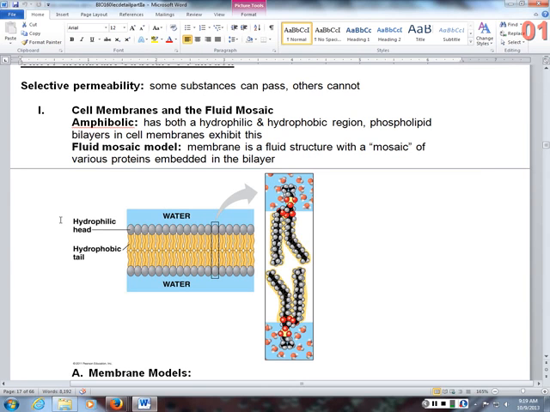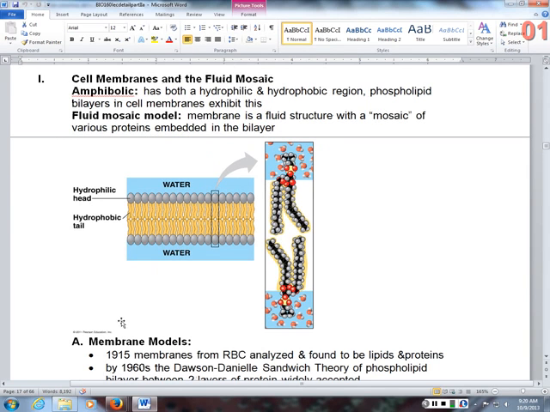With the fluid mosaic model, what that means is you've got all of these phospholipids and proteins embedded in between them, and all of those things can slide around amongst each other. The easiest way I can think of to picture this is the triangle shaped thing that you put pool balls in on a table. You get most of the balls in there, but they're not all in there.